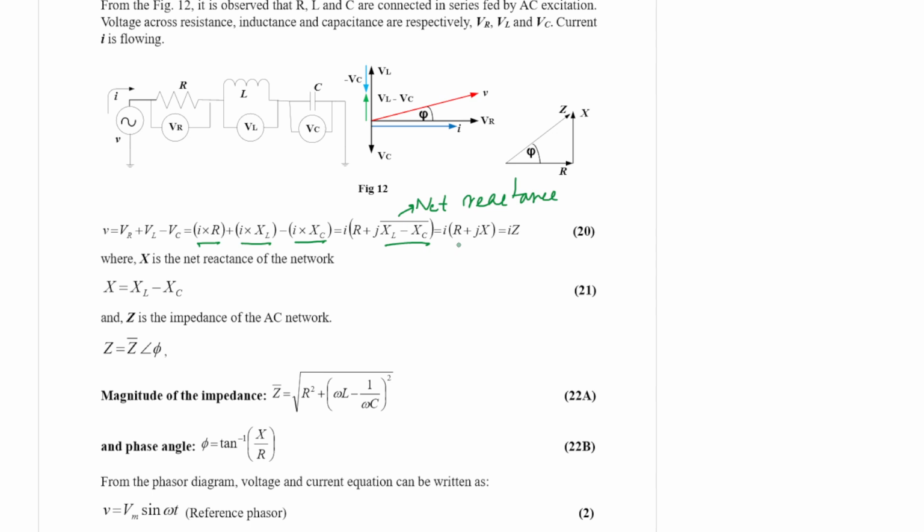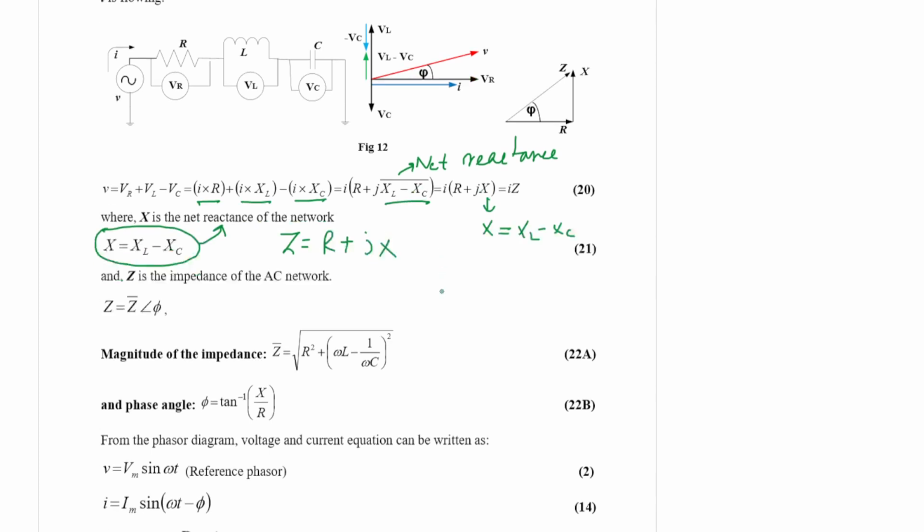So this X is called net reactance, X equal to XL minus XC. So Z is equal to R plus jX for a series RLC circuit.